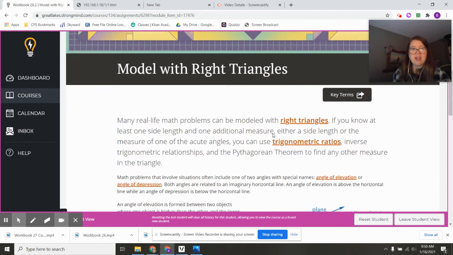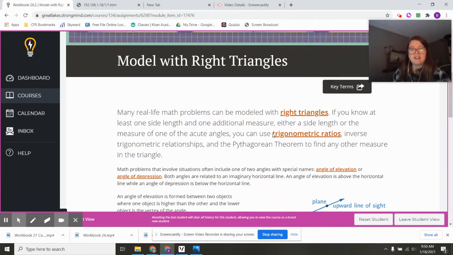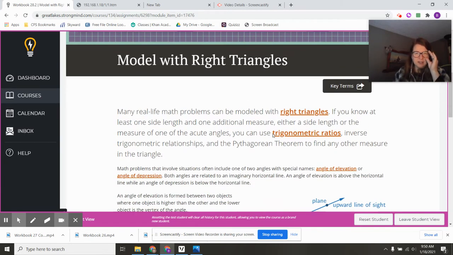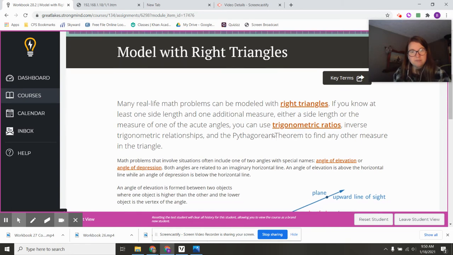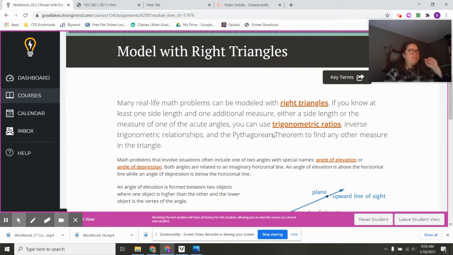So then we have angle of elevation versus angle of depression. This is how I think of it. If I were looking straight and I watched an elevator go up, the angle from the horizontal going up is the angle of elevation. Similarly, we have the angle of depression.